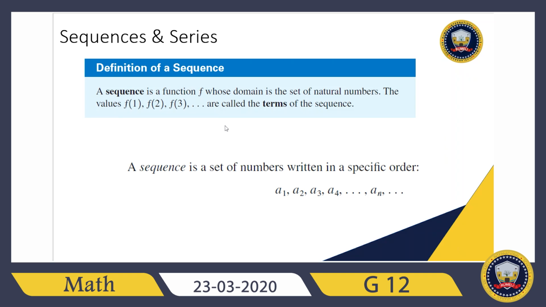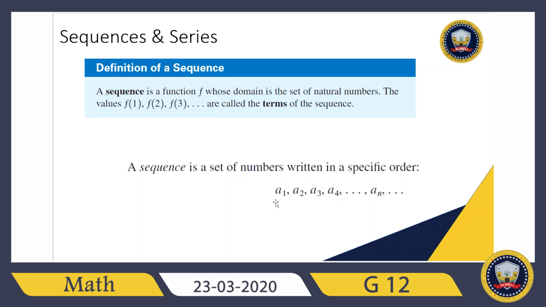Okay, so let's take a look at the definition of a sequence. A sequence by definition is a function f whose domain is the set of natural numbers, and these values f1, f2, f3 and so on, we call them the terms of the sequence. So basically a sequence is a set of numbers written in a specific order.